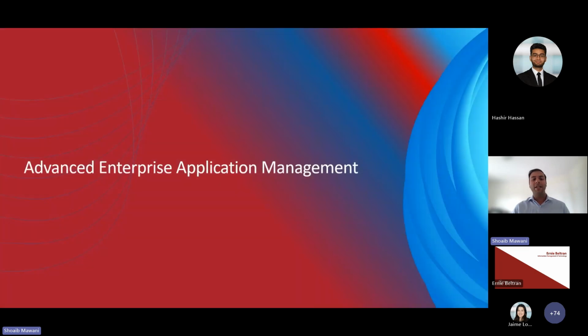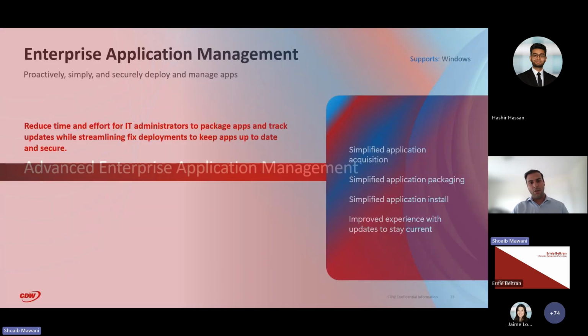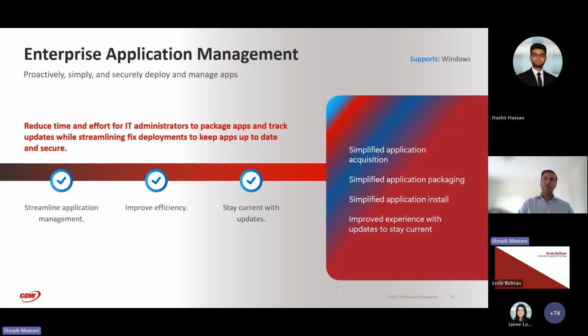Next is advanced enterprise application management, right? So this is where we mentioned certain features have been enhanced, right? And enterprise application management is taking the layer that's already available for application management in, for example, Intune Plan 1, and providing an enterprise catalog, right? So this is supported for Windows, and it provides an entire catalog of over 500 different first and third party applications.